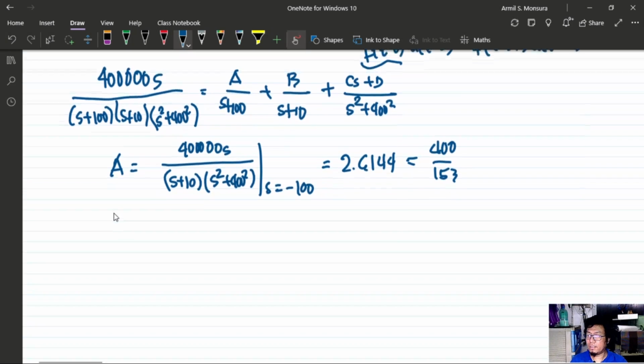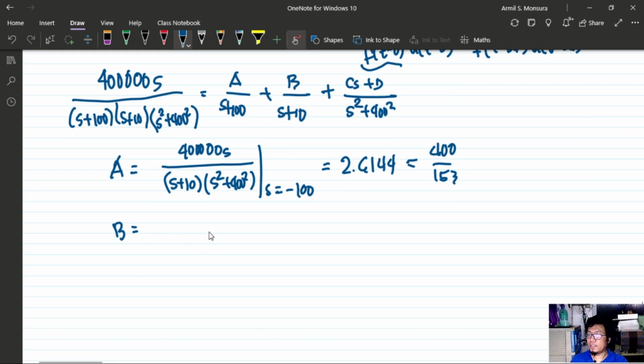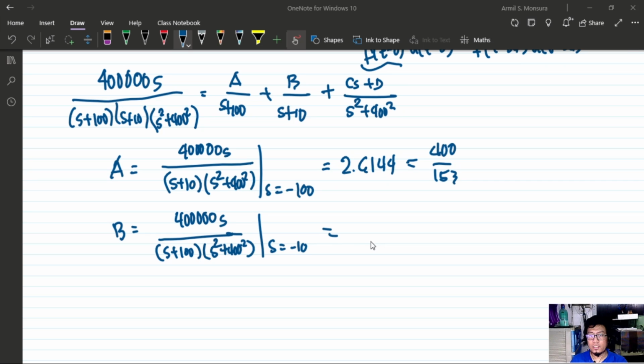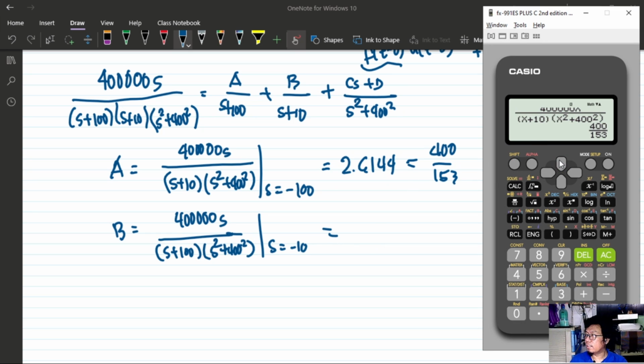Now for letter B, again I'll cover up this factor here, so I'll have 400,000 s divided by s plus 100 multiplied by s squared plus 400 squared, when s equals negative 10. Again this can be done here: let's simply replace this with x plus 100, and then calculate this when x is negative 10.